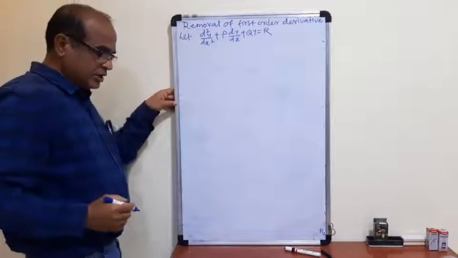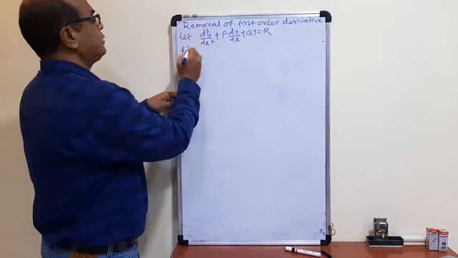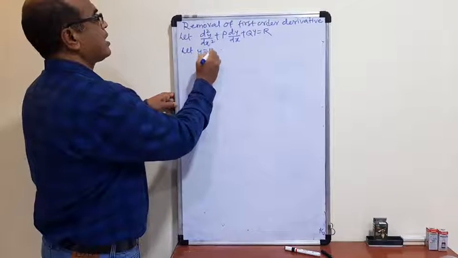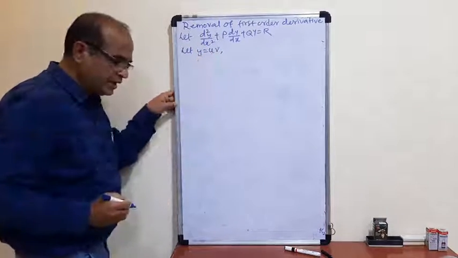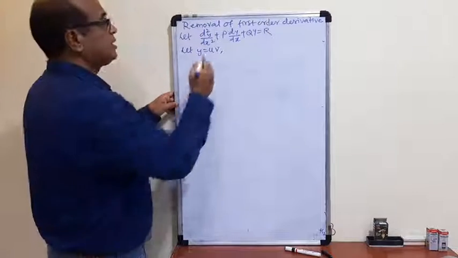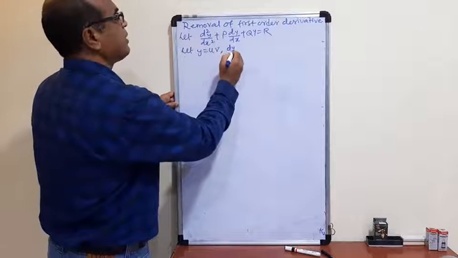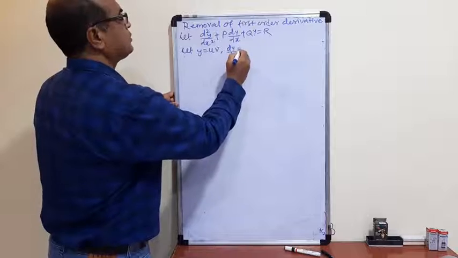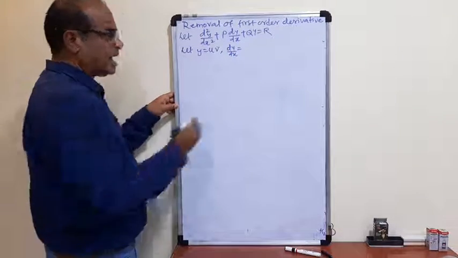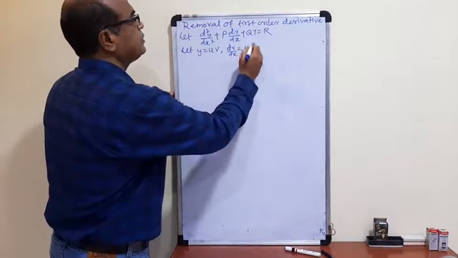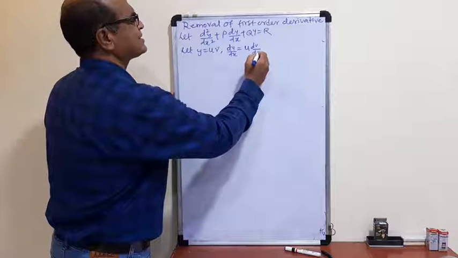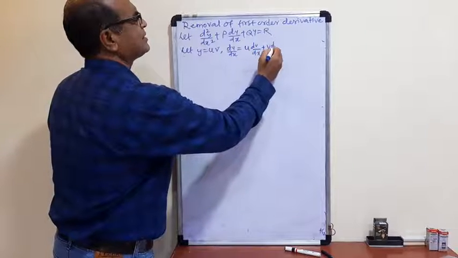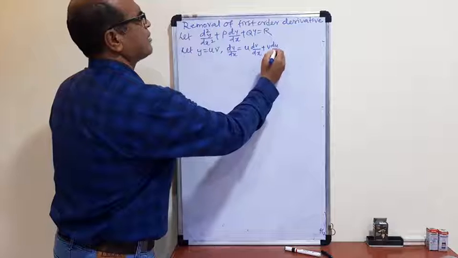Okay, so let's put y is equal to uv. Then what is the derivative of this with respect to x? So dy by dx is equal to u dv by dx plus v du by dx. We discussed the same in the last theory. So this is a very simple one.